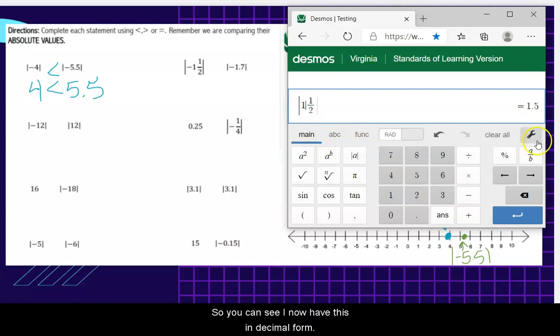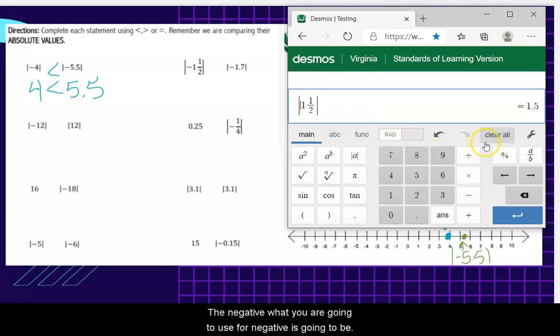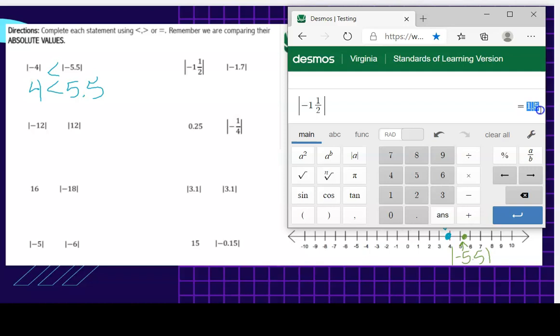So you can see I now have this in decimal form, and it has changed the number. Oh, that's a negative also. What you're going to use for negative is going to be that subtraction sign. So now I have negative 1 1/2 represented inside the absolute value sign, and over here I see the solution.